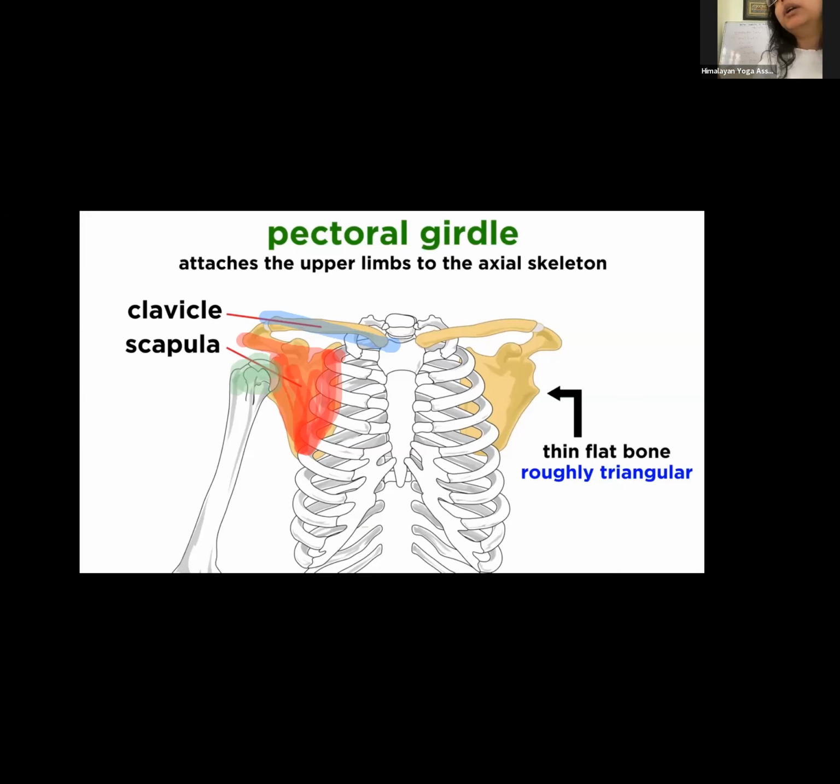Around these ribs we have the clavicle and scapula, and through them the arm is connected by the ball and socket joint. That is the shoulder joint, the most movable joint of our body. Please take a screenshot.